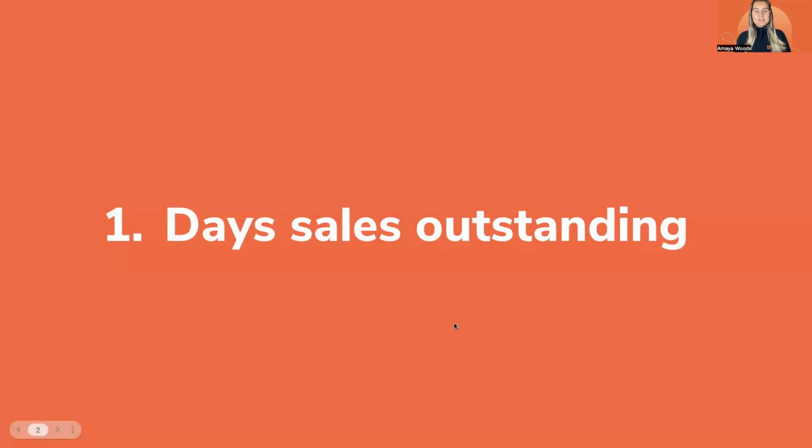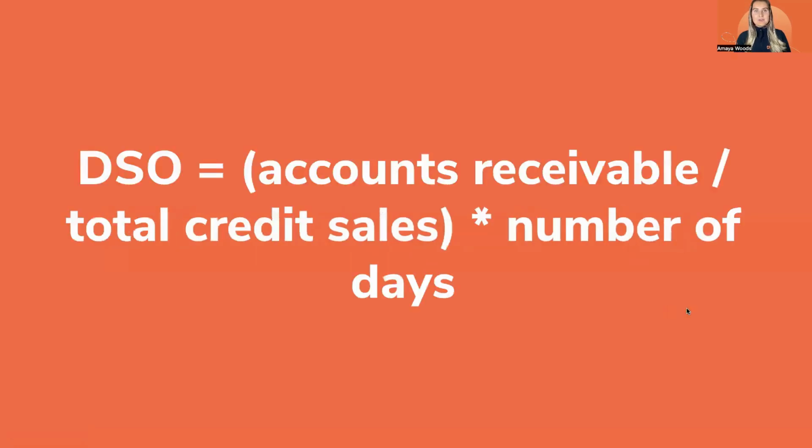Your days sales outstanding measures how many days on average your customers take to pay their bills. You can calculate it by dividing your total accounts receivables balance for a given period by your total sales, and then multiplying that amount by the number of days in the period being measured.